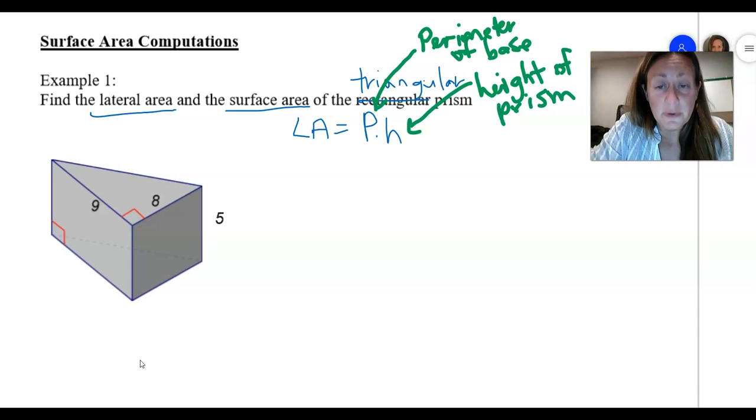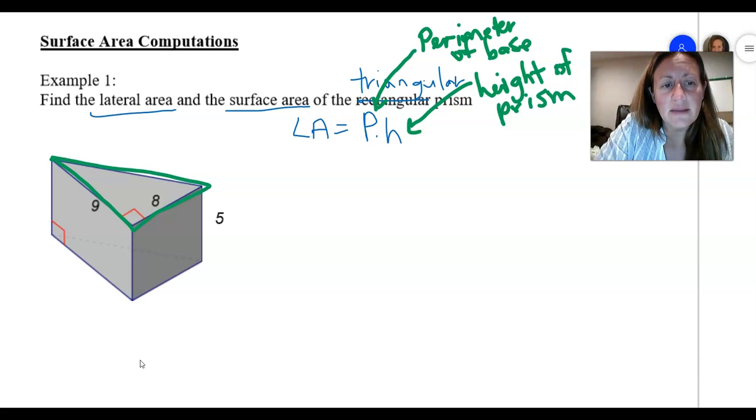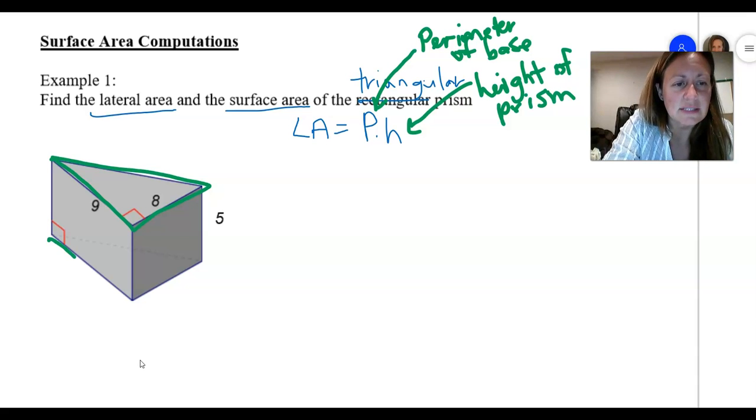So the perimeter of one of the bases would be basically this. I'm outlining the top one because it's easier to see because it's right there on top, but it's also the same thing as this. These are the two bases.